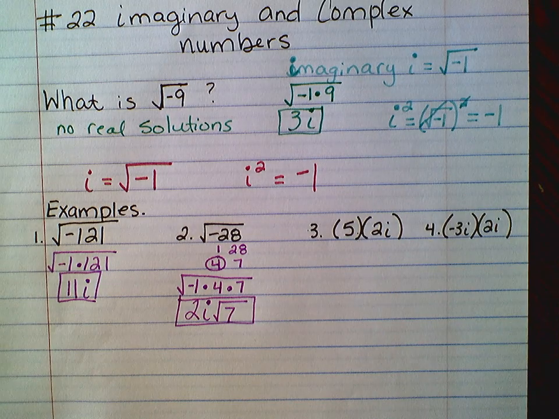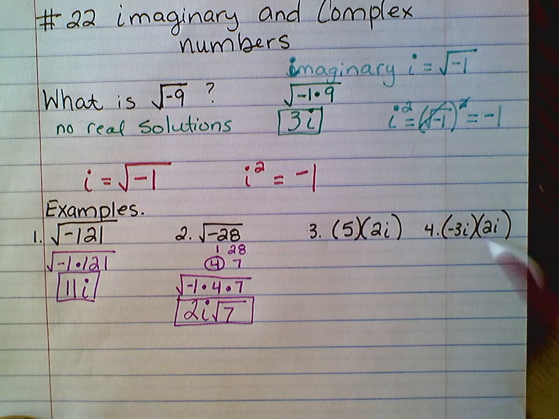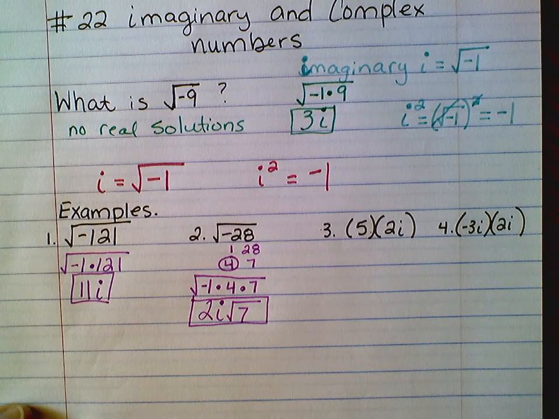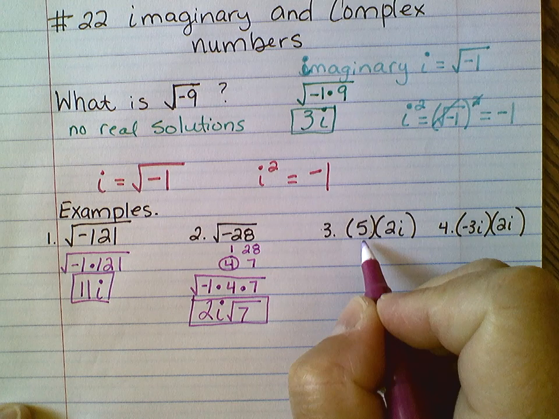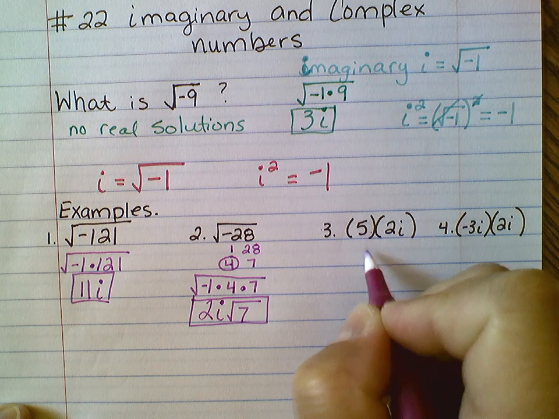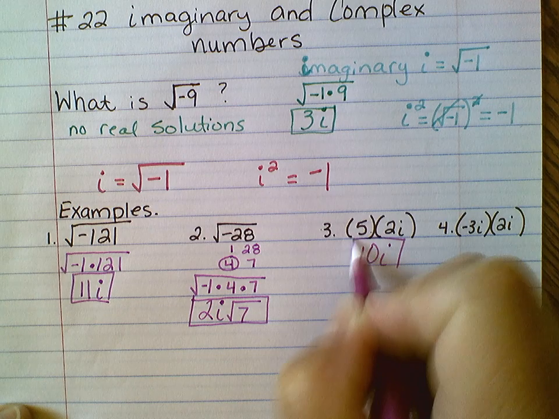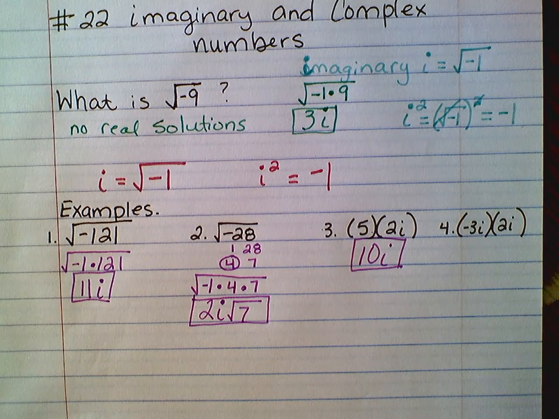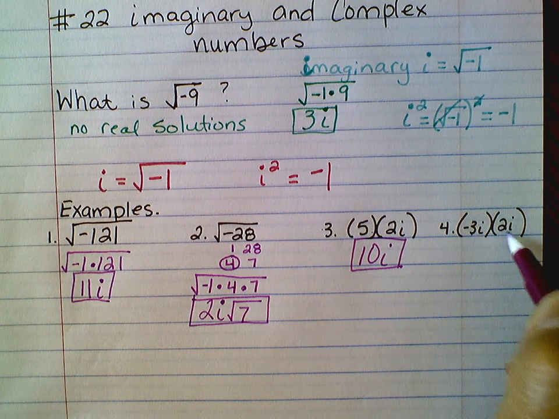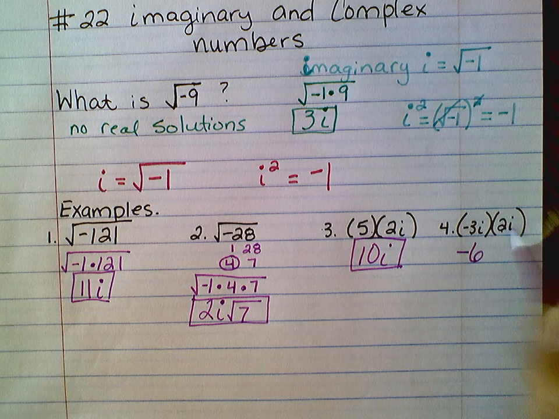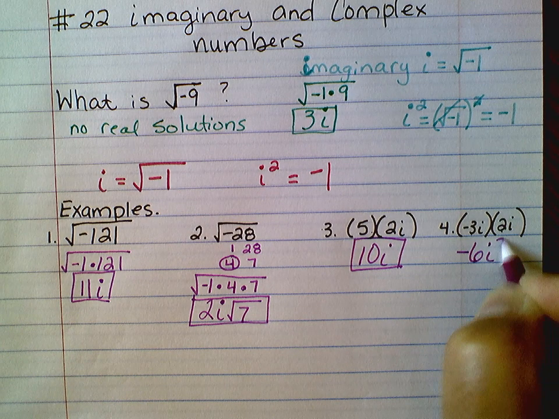Now for multiplication, or any kind of operation with our imaginary numbers, we a lot of times treat i like a variable. So here if I have 5 times 2i, 5 times 2 is 10, so that's 10i, and there's nothing else I can do with that one. Here I have -3 times 2, which is -6, and then I have i times i, which is i squared.